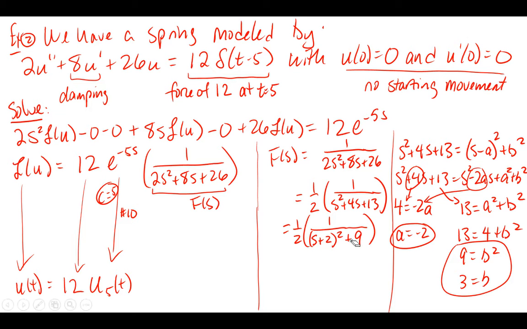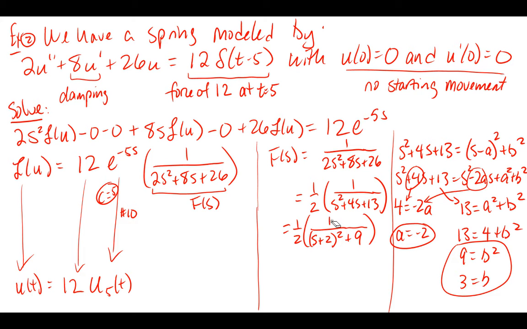Now this looks almost just like rule number 6 in the chart. Yes, 6. Except for rule number 6, you need a b on top. This is the only place where you have to do a little more thinking. This is b squared, 9, which means b is really 3.